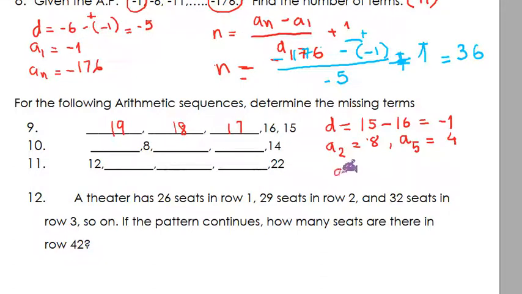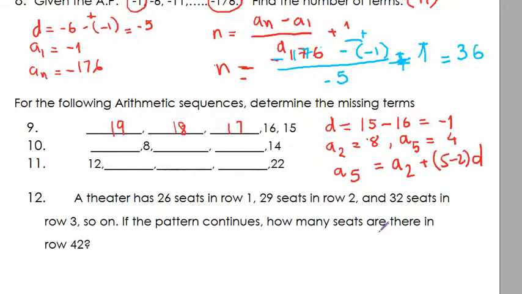A sub 5 equals a sub 2 plus 5 minus 2 times D, okay? So what's the a sub 5 here? What's the a sub 5?